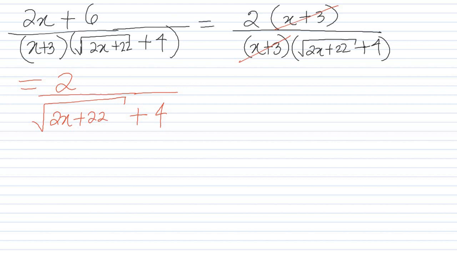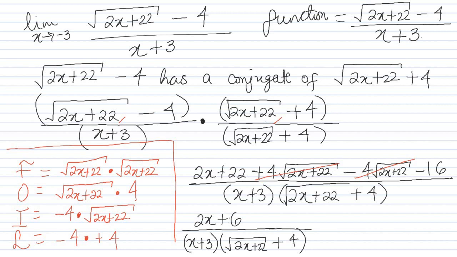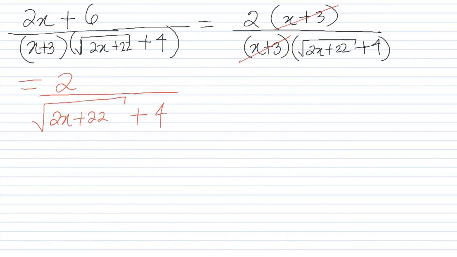Now, don't forget that we haven't actually applied the limit. What we just did was simplify the function. We simplified it from the square root of 2x plus 22 minus 4 divided by x plus 3, to 2 divided by the square root of 2x plus 22 plus 4. Now that's the simplified version.